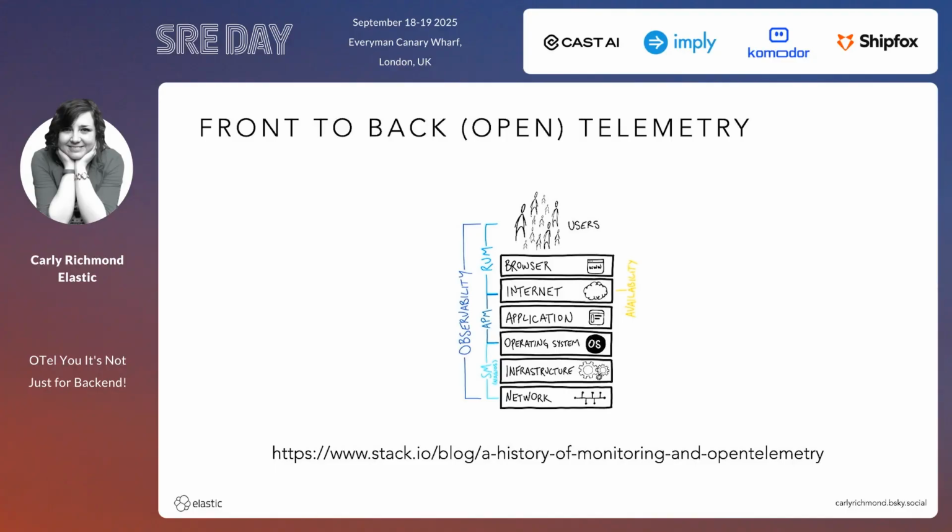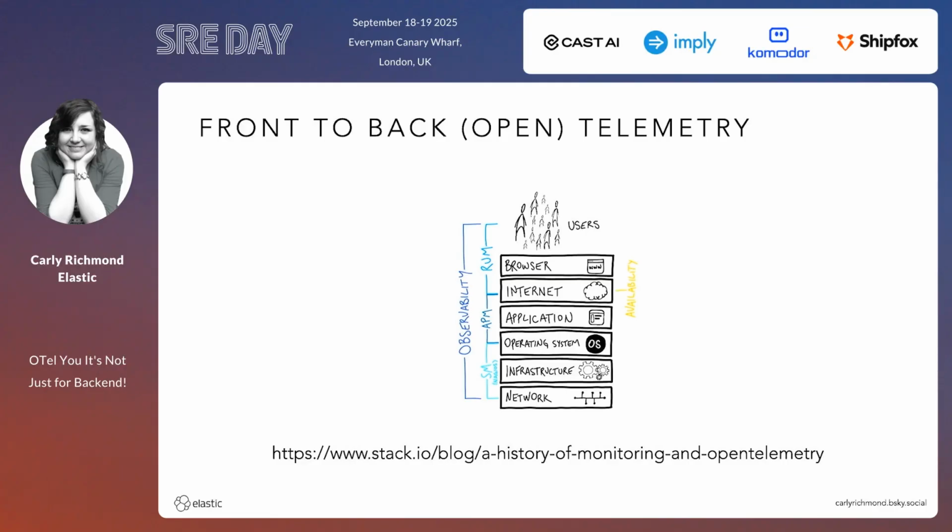Now, one of the main ethoses of OpenTelemetry, I'm not going to explain what OpenTelemetry is because I'm assuming this is base knowledge, is the notion that we were meant to have front to back telemetry at all layers. So it didn't matter whether you were talking about the network layer or the front end browser. The whole point was we should be able to use open vendor neutral SDKs and technologies in order to do that.